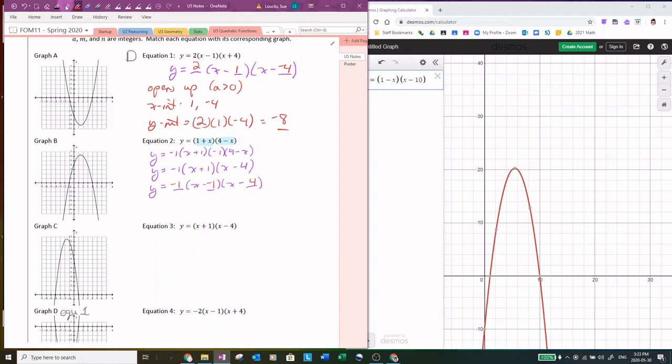So my x-intercepts are negative 1 and 4, and my y-intercept is negative 1 times negative 1 times 4, which is 4, and my a equals negative 1, so it opens down.